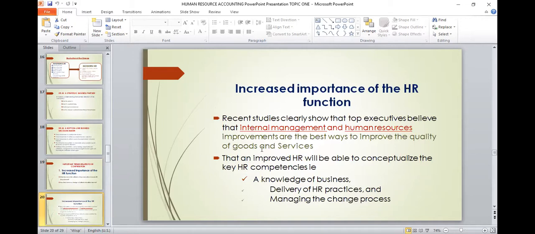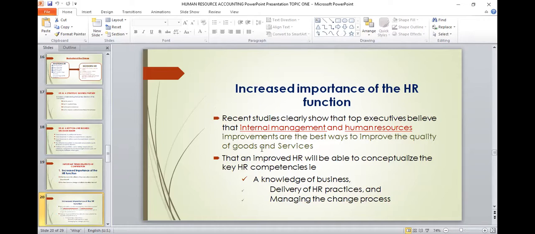Another area in which we can say HR has increased in importance is based on the competencies. In other words, the executives are now embracing the fact that we as HR have knowledge of the business. We as HR can deliver the HR practices.